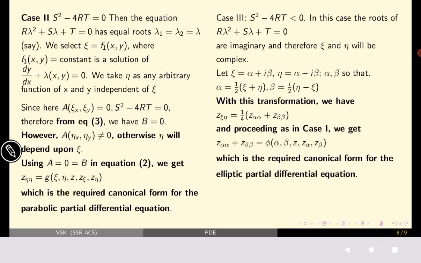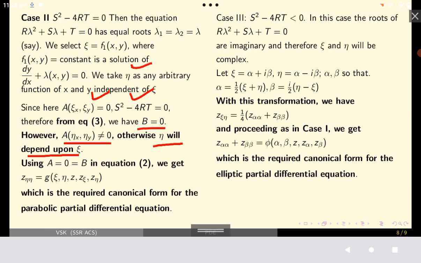So from equation 3, we have b is equal to 0. However, this is not equal to 0. Why is it not equal to 0? Otherwise, eta will be dependent on xi, and we are taking the eta in such a way that it is independent of xi.